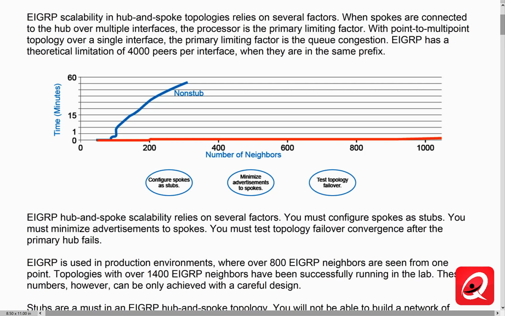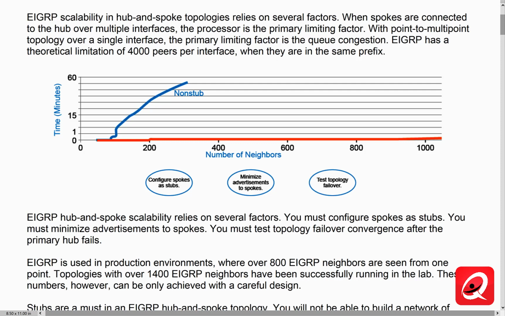And the primary limiting factor with the scalability of peers is this idea that we have 200 or 300 or 400 spoke routers that we might have to query if the hub router loses a route.